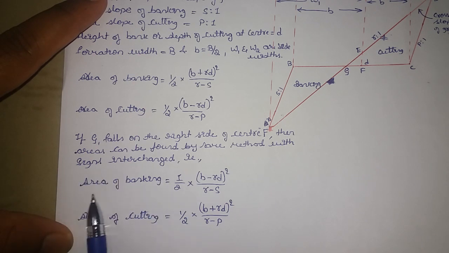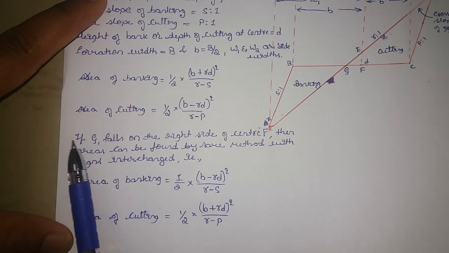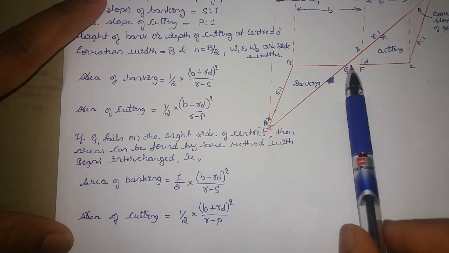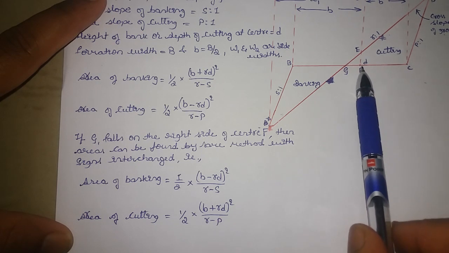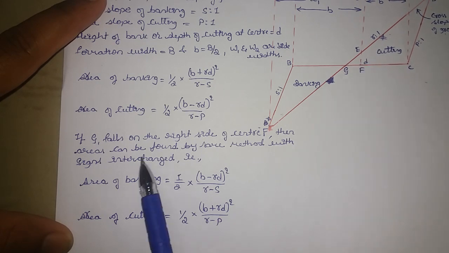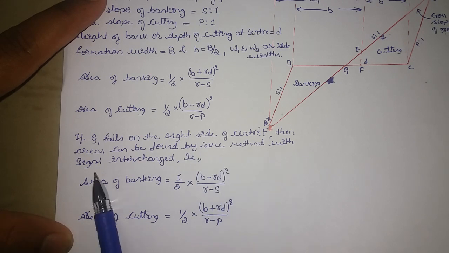That is, the area of the banking is equal to 1 by 2 into (b minus rd) whole square divided by (r minus s). The area of the cutting is equal to 1 by 2 into (b plus rd) whole square divided by (r minus p). What it is saying is that if G falls on the right side of the center, which we mention as F, then the area can be found by the same method with the signs interchanged.